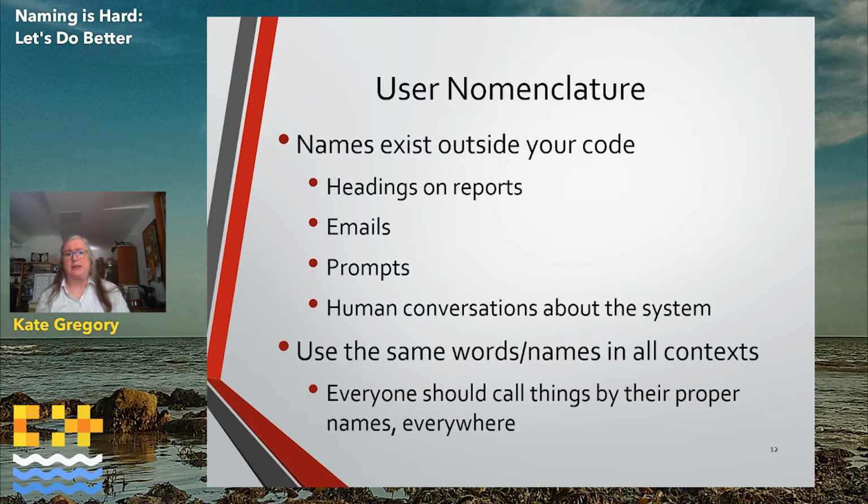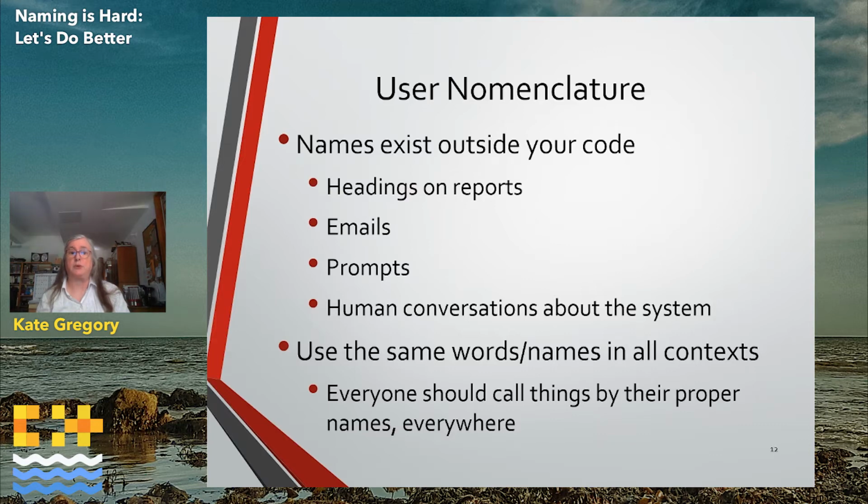Once things have names, they should be called by the correct name everywhere. So your variable, the report heading, the email, and the conversations that you have with people. And the reason for this is that software outlasts people. New users are going to call things by the name they see on the screen, by the name they see in their emails.